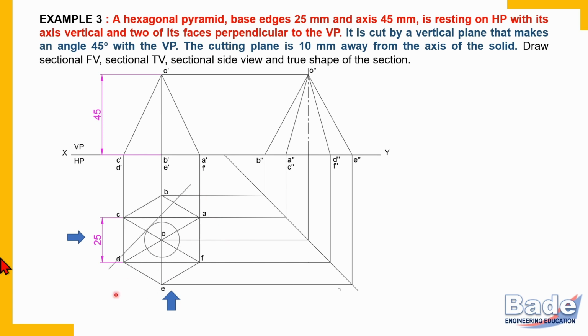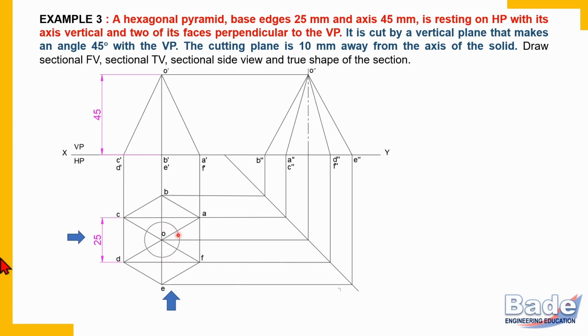Now if we draw the cutting line in this manner, then this is also wrong for the same reason, because from the left side the section is not visible. In this case, this is the retained portion, but the smaller portion is retained and the larger portion is removed.